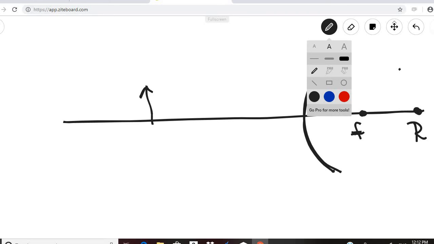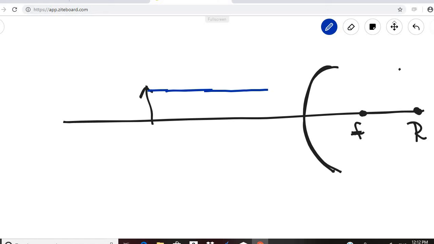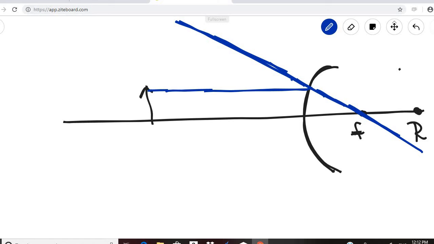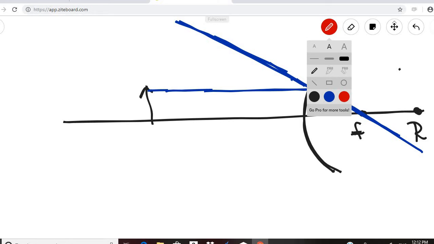Okay, so then let's look at our two beams of light again. The first one will go in horizontally, and it's going to hit that mirror and be reflected out as if it came through this line. So it's going to hit there and reflect out there. And then, in red, it's going to go in as if it's going to go through the focal point.